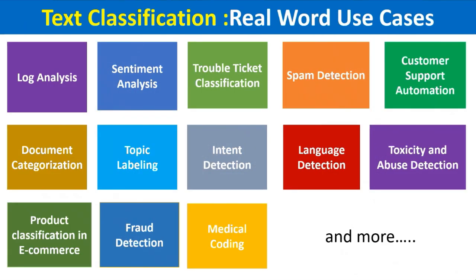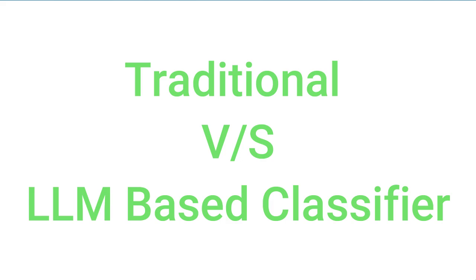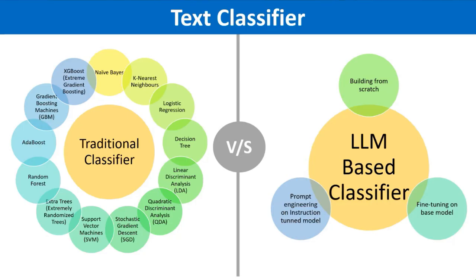Putting them together, these are some of the real-world use cases of text classification. On the left side, we have traditional classifiers. These are conventional machine learning algorithms like Naive Bayes, logistic regression, decision tree, and more advanced ensemble methods like random forest, gradient boosting, and XGBoost.